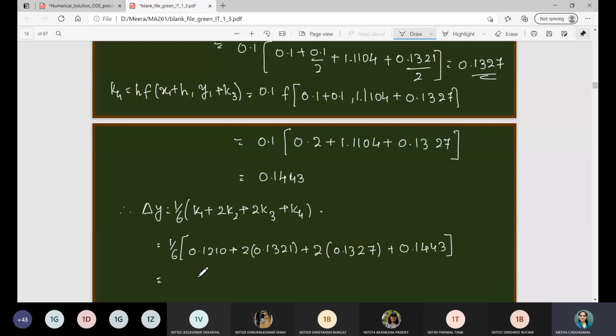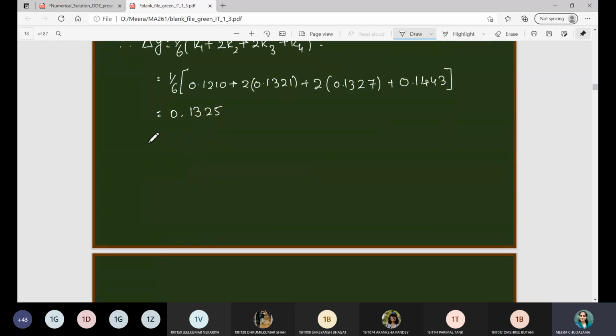So tell me the answer. 0.1325. 0.1325 is correct, and therefore new approximation y2 is y1 plus delta y.